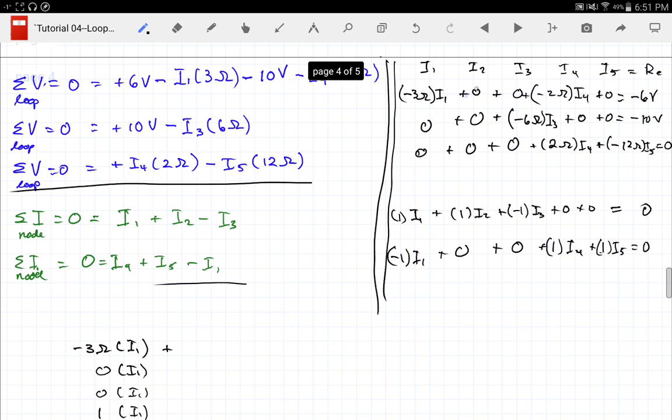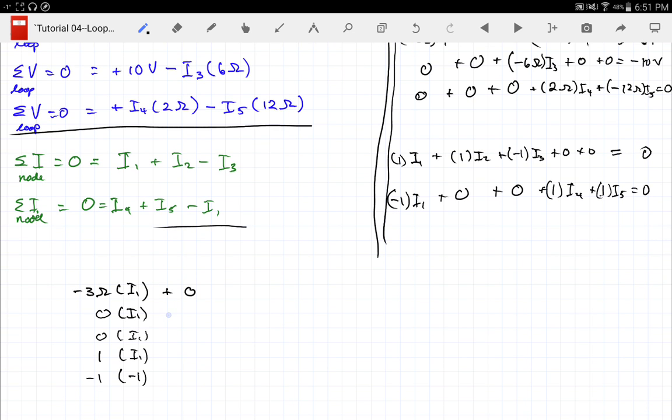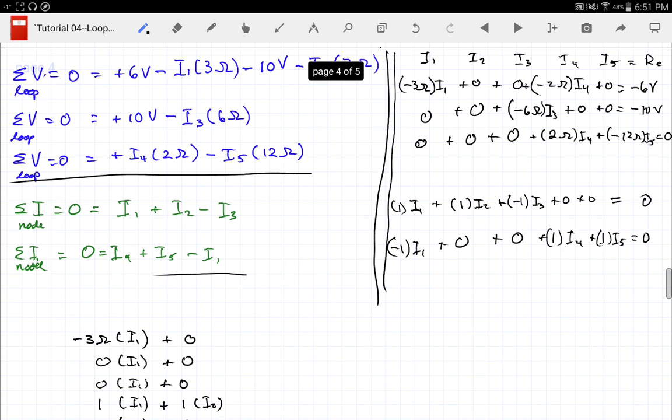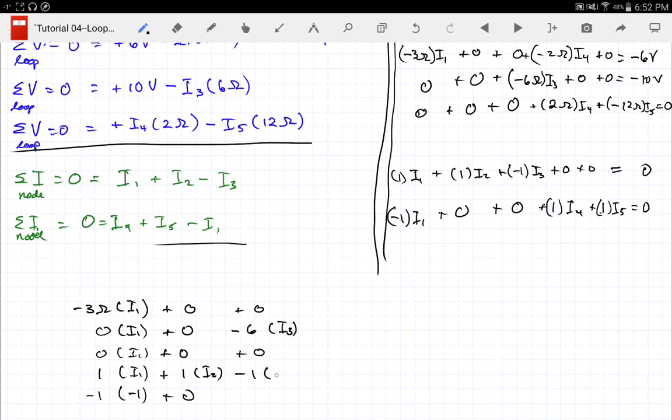For the second set, I have 0, 0, 0, 1, 0. So 0, 0. For I3s, I had 0, minus 6, minus 1, and 0.